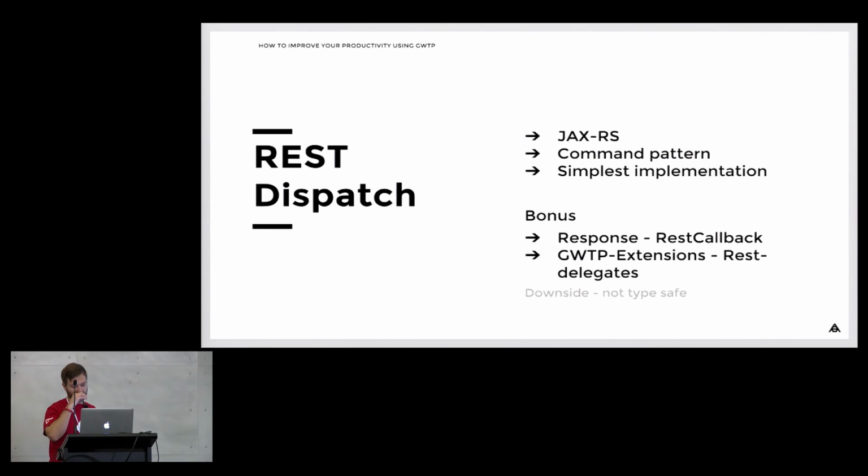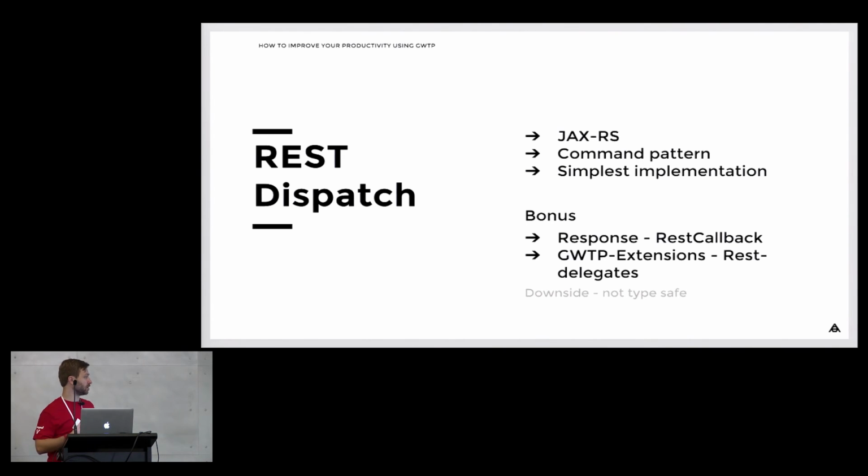As a bonus, you can also get information about the response. And we built an extension to RestDispatch because while we were working on it, we rewrote almost all the code generators in GWTP so that they can be extensible.